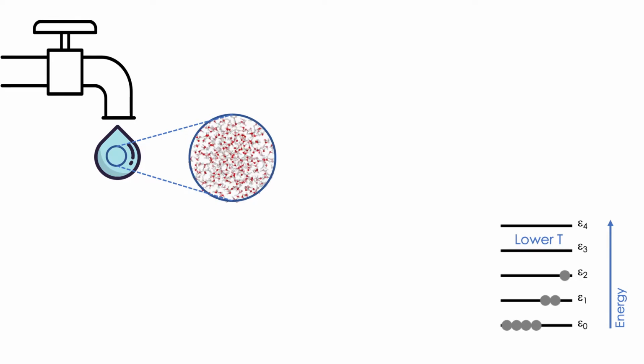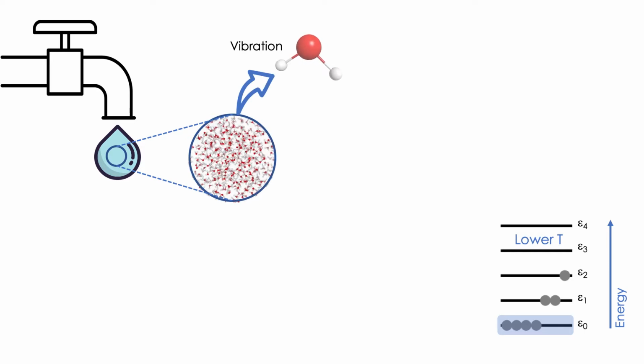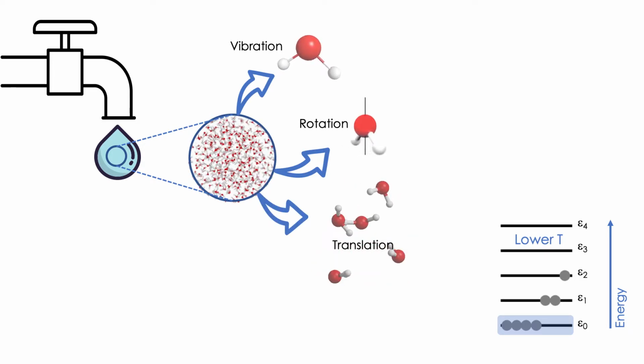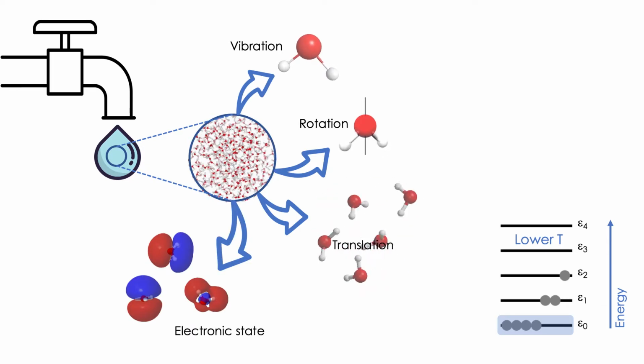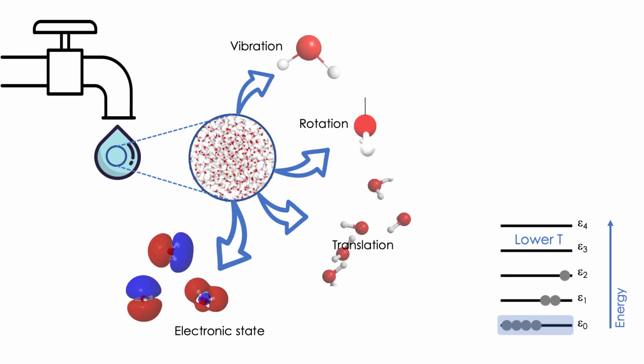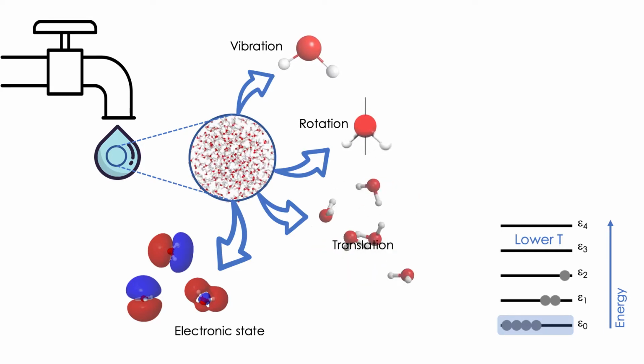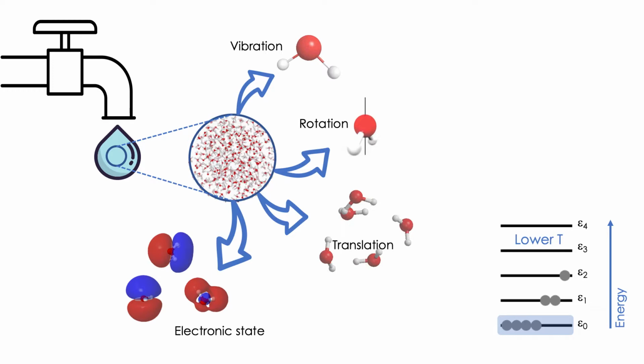Now, the population of this level is a result of different contributions coming from the actual state in which each of the molecules is. And this contribution is coming from the vibration of the bonds and different components of the molecule, rotation, translation of the molecules throughout the space, as well as the electronic state of that molecule, where the electrons are in terms of their own energy levels.